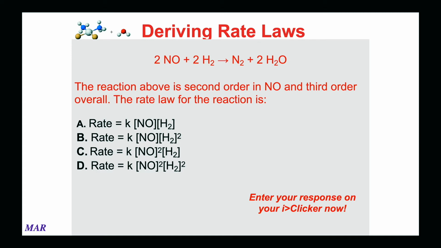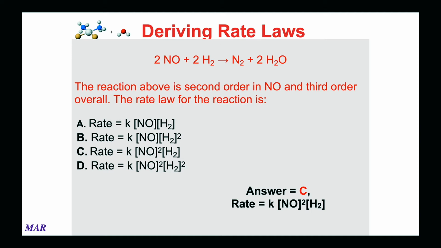Now, it says also that it's third order overall. So it's second order in NO, and the order of NO plus the order of H2 equals 3. That's what the third order overall is. So you can see then, third order overall minus the second order in NO, the hydrogen value is going to be 1. H2 is a first order reactant.